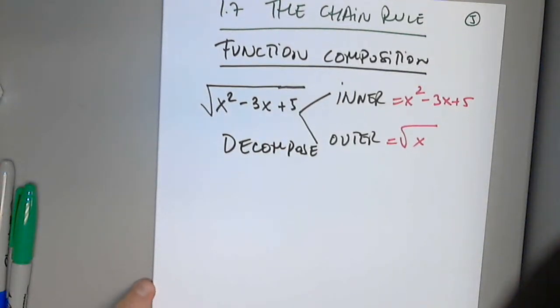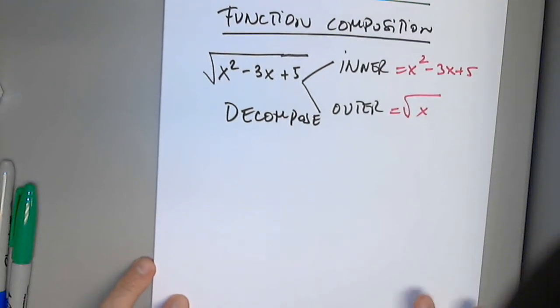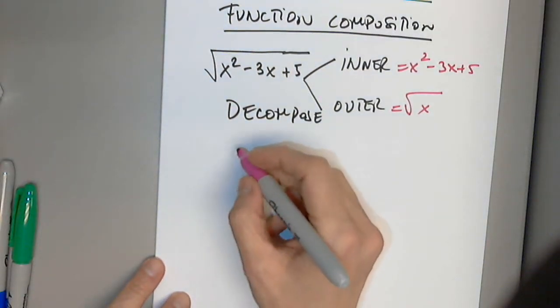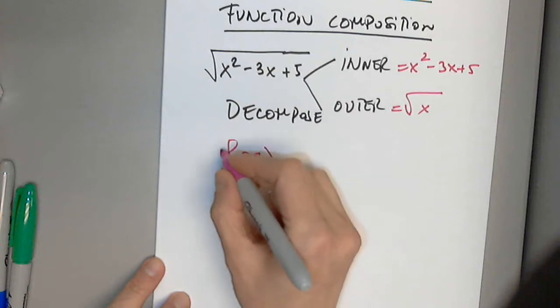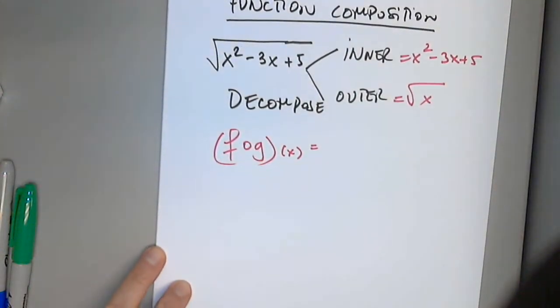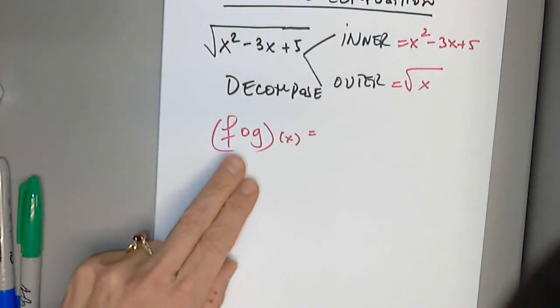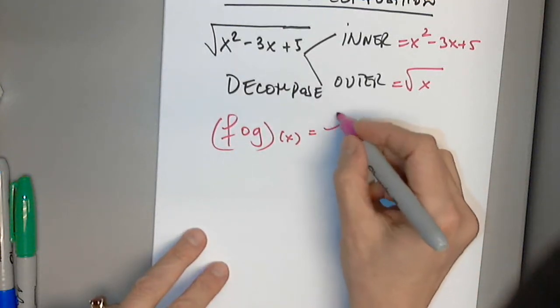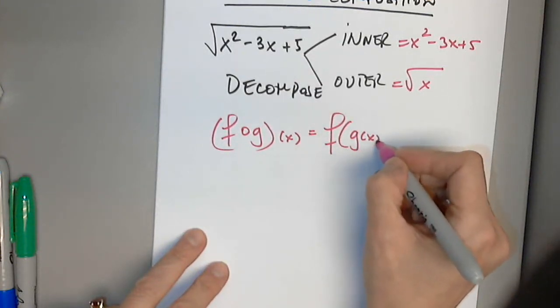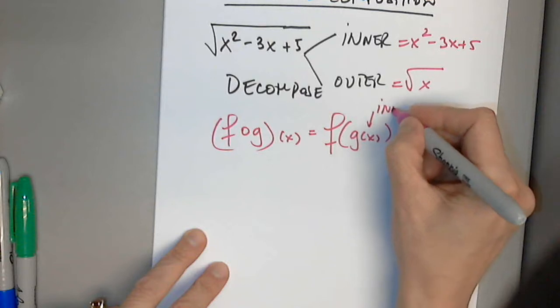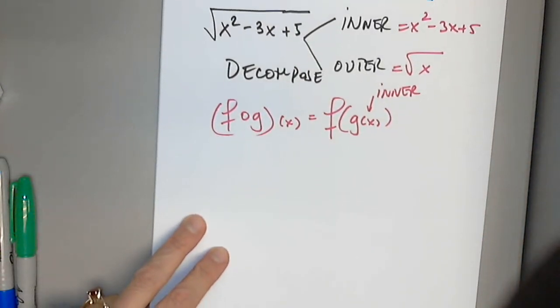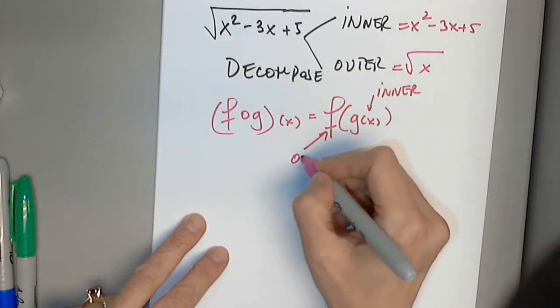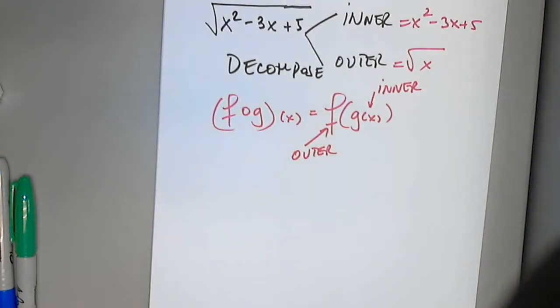So here's the next question. We know about the function composition as f comp g of x, where f is the outer and g of x is the inner. Inner, of course, will be evaluated first, and outer will be evaluated second.